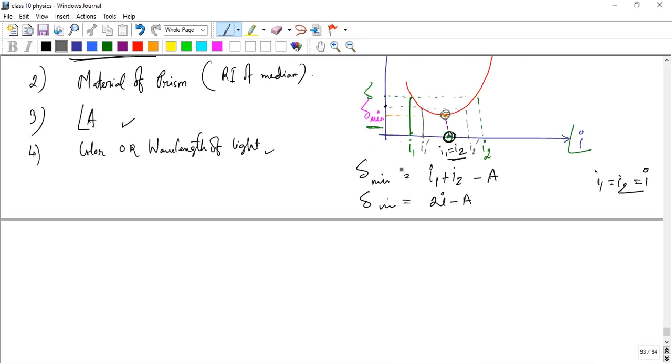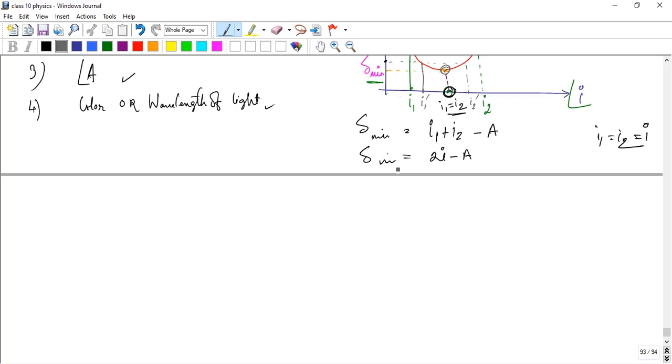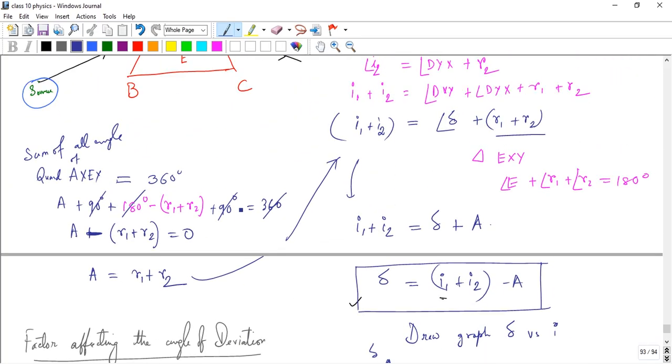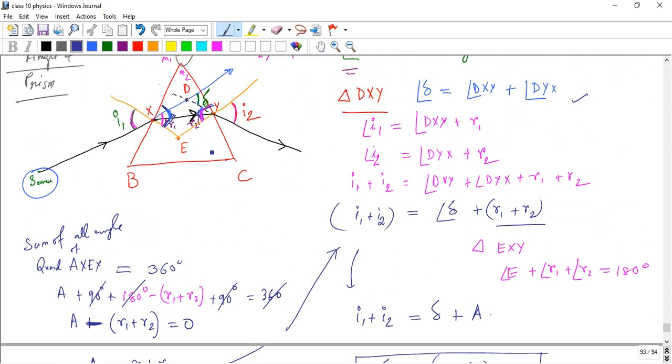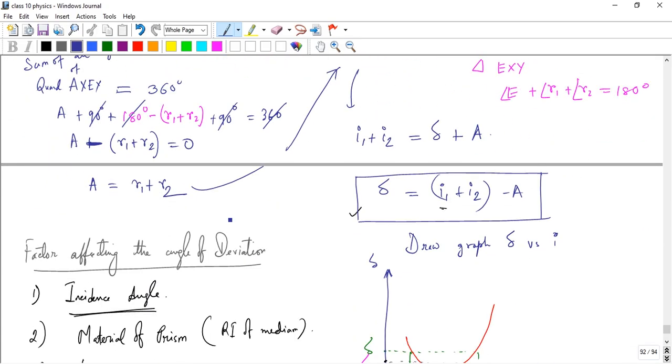Clear? So the incident ray at which the prism suffers the minimum deviation is called the position of minimum deviation. In the position of minimum deviation, the refracted ray inside the prism is parallel to the base. You see in the diagram, that is the refracted ray parallel to the base.